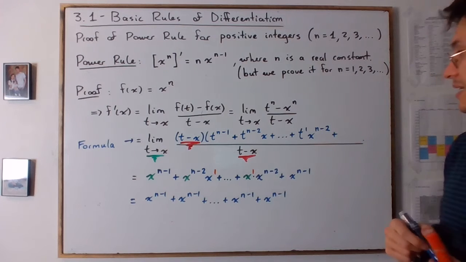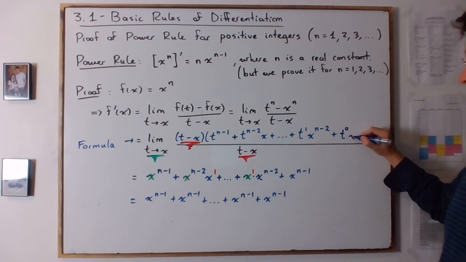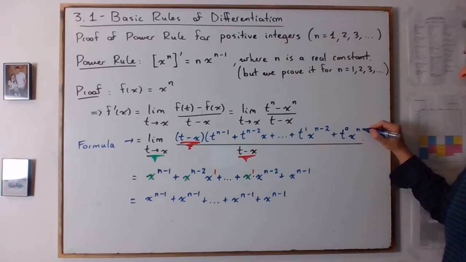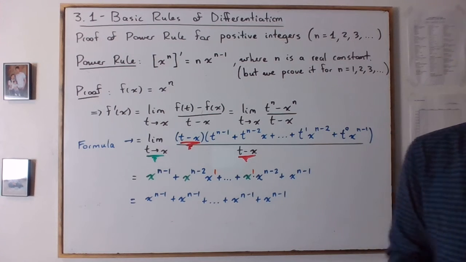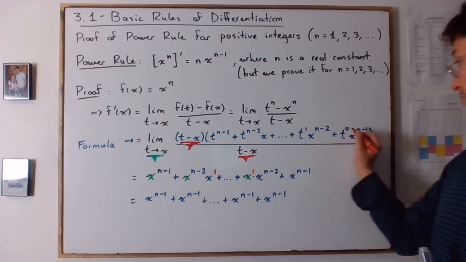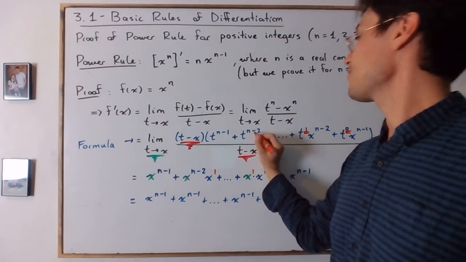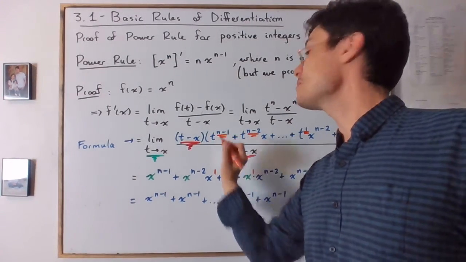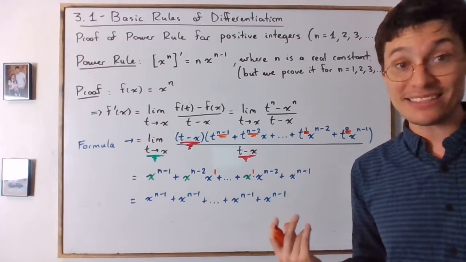This will be kind of important. So t to the power of 0, x to the power of n minus 1. The reason I do this is because now I can count them. Look, 0, 1, 2, 3, 4, 5, until n minus 1. So how many is that? This is actually n terms.